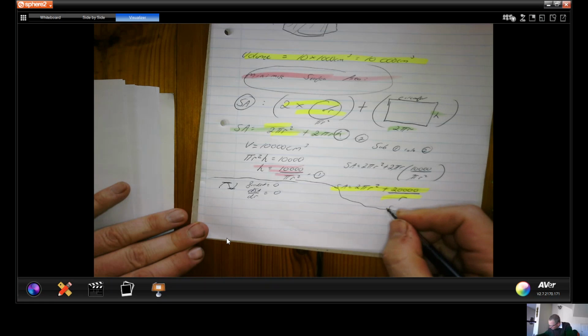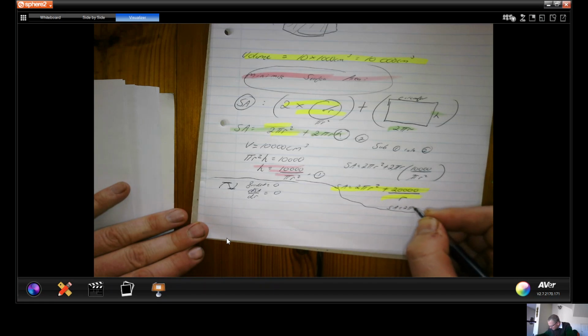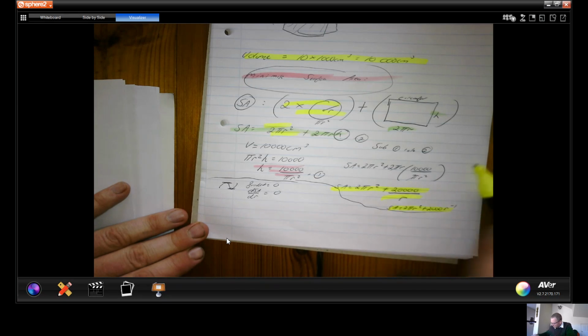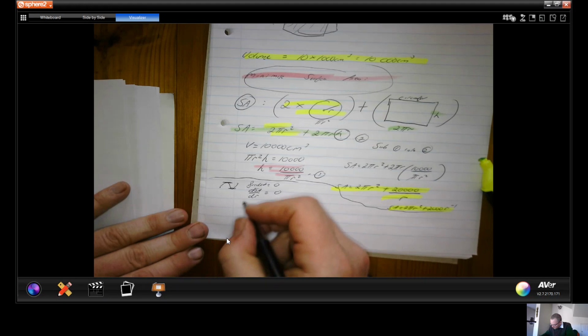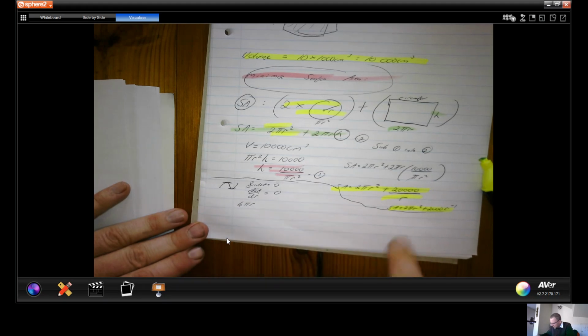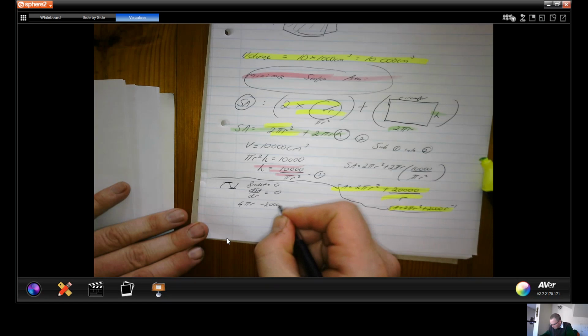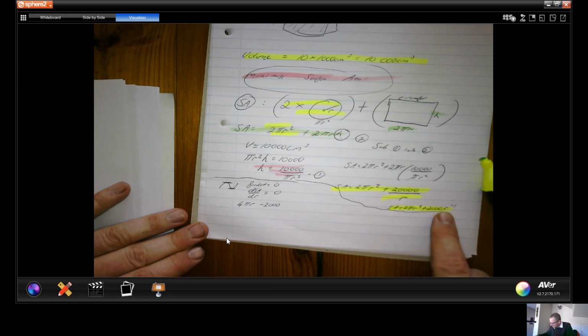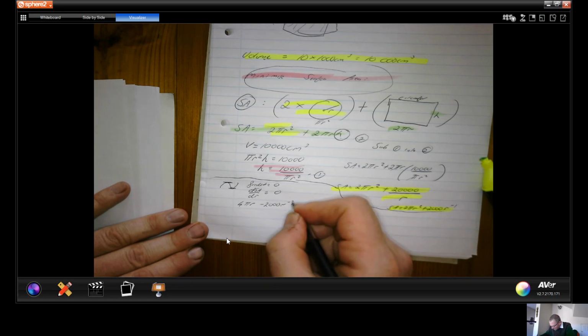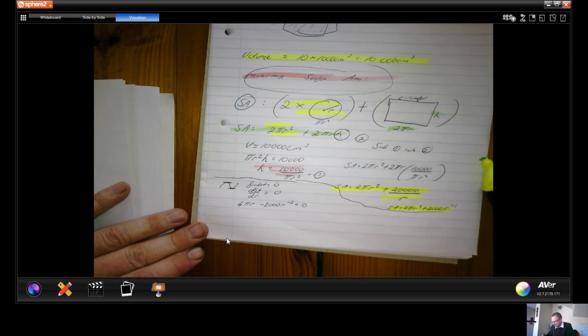To do that, we first have to get the variable in the numerator. So surface area is 2 pi r squared plus 20,000 r to the negative 1. I just move the power of r up and I change the sign of the exponent. So the derivative must be equal to 0, and the derivative of 2 pi r squared is 4 pi r, pi is a constant, remember, minus 20,000 r to the negative 2, and we want to know where that's equal to 0.